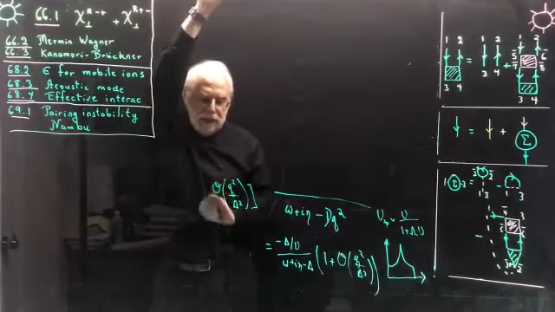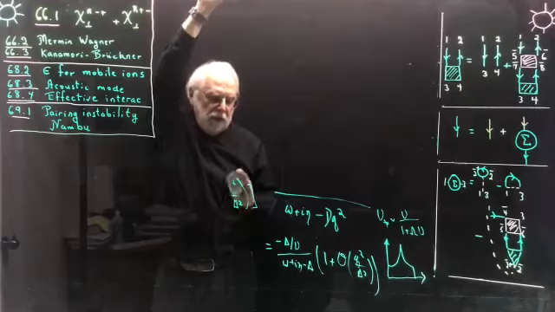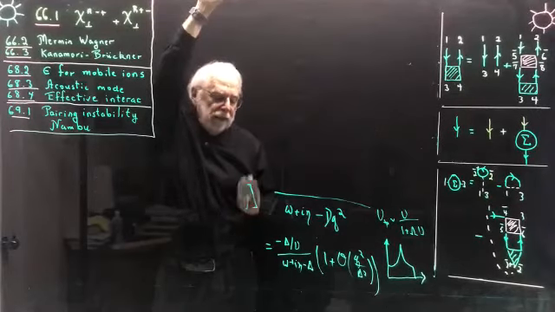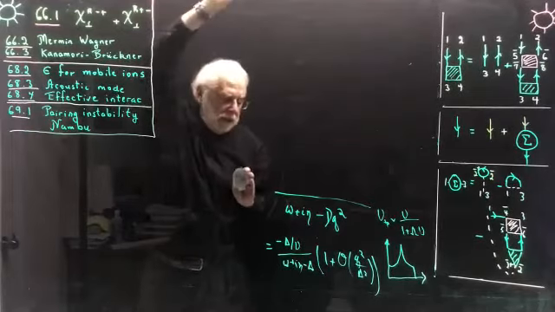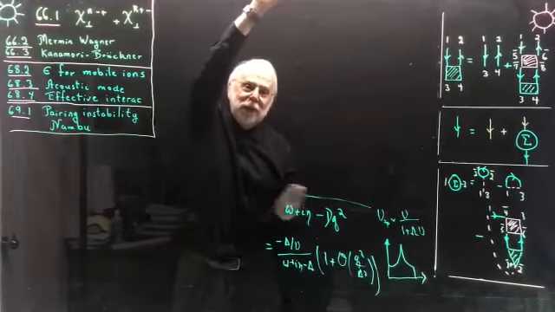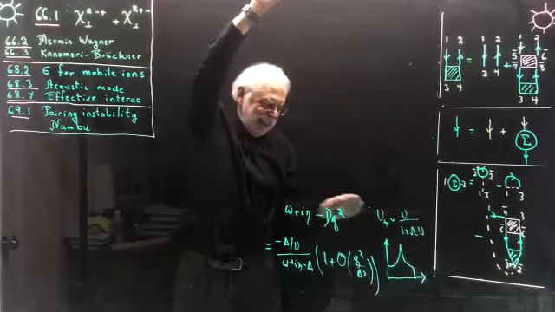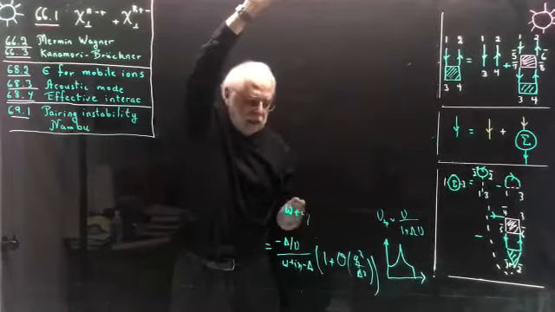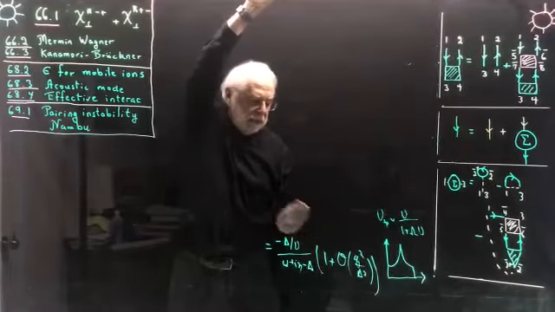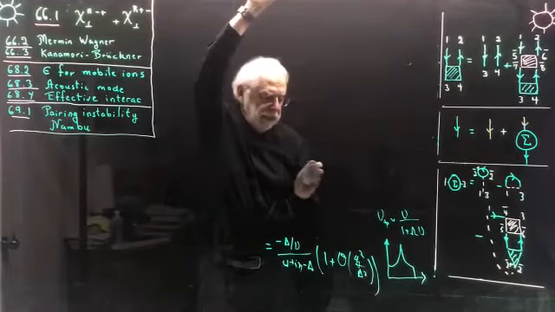So the natural frequency of the ions, if I look at a fixed electronic background, will be at the plasma frequency, right? The plasma frequency of the ions, different from the plasma frequency of the electrons, but still the plasma frequency.